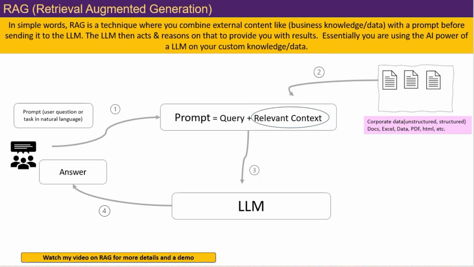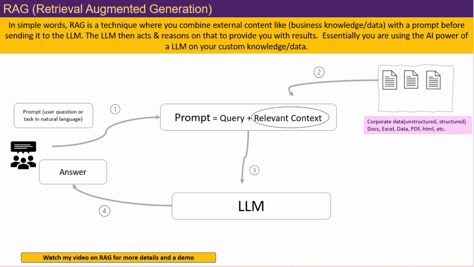Okay, so let's talk about RAG, Retrieval-Augmented Generation. In simple words, RAG is a technique where you add relevant content to your prompt and send it to the large language model.